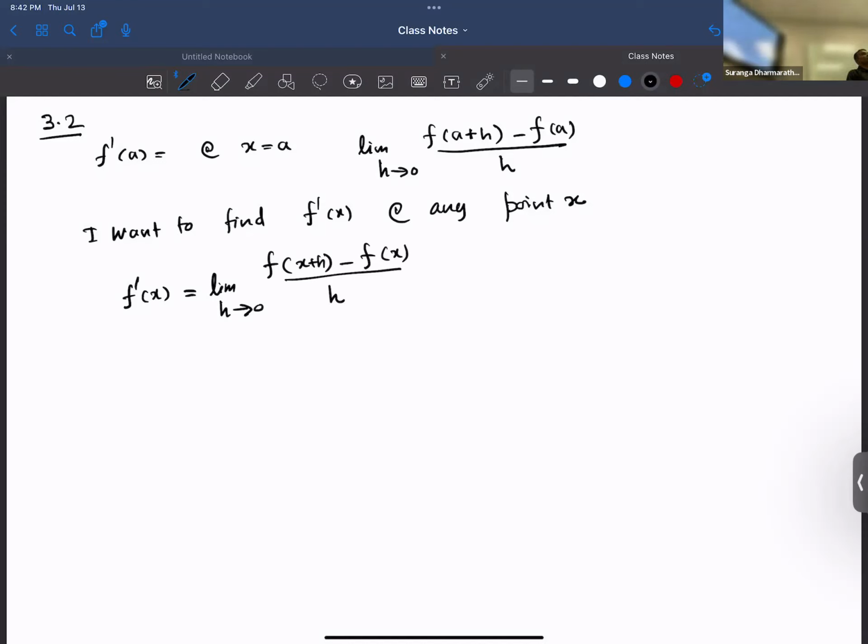Now, what is the advantage of this? If you have a function, previously what we did was find the derivative at a certain point. Now, with this definition, we find the derivative at any x point. That means the derivative is given as a function of x. You know what I mean? So you have a curve f of x.